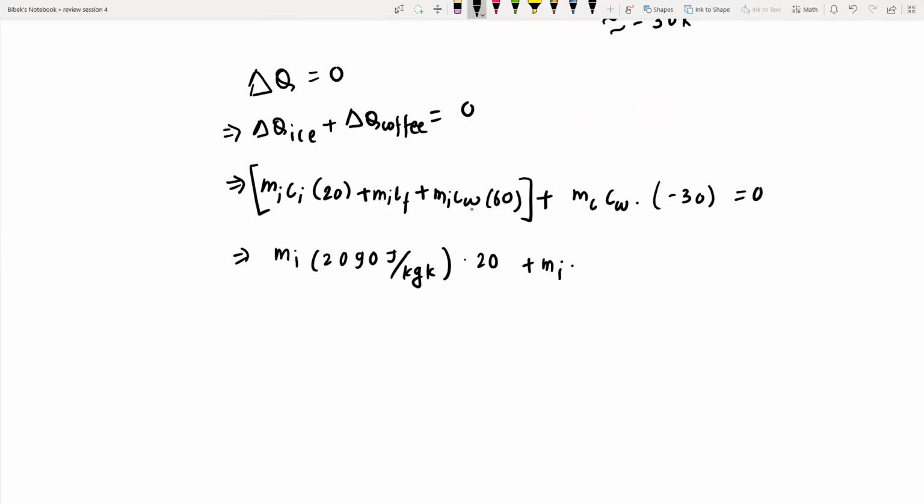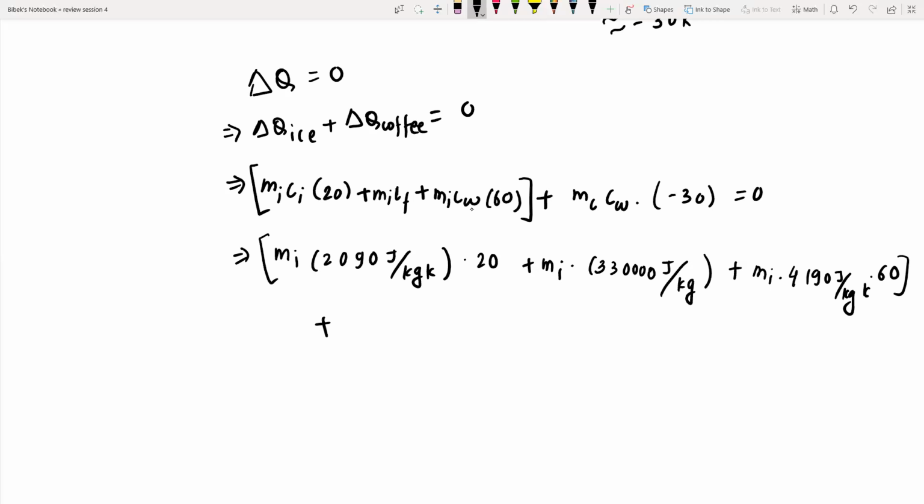So Lf will also be given to you. That's 230,000 joule per kg. And for water, it's 4190 joule per kg Kelvin times 60. Okay, this is your equation.